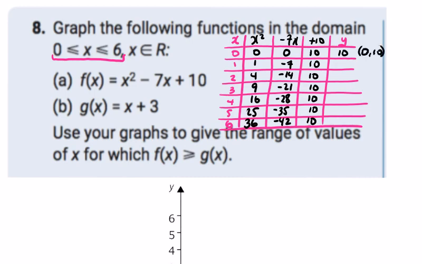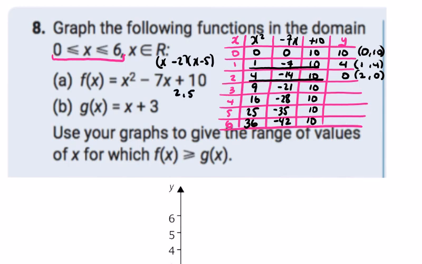Then we have 1 and 10 is 11, minus 7 will be 4, so 1, 4. Then we have 4 and 10 is 14, minus 14, that will give 0, so 2, 0. And we can see if we factorized it, we would get x minus 2 by x minus 5. So the roots are 2 and 5.